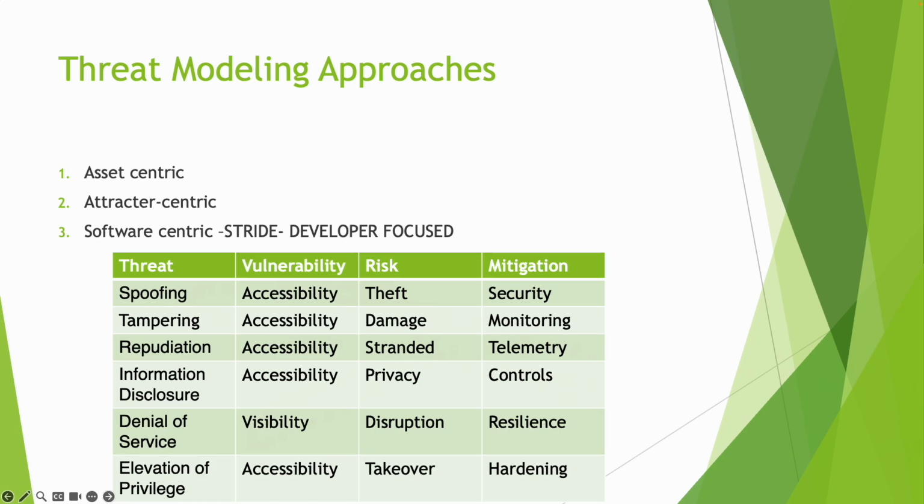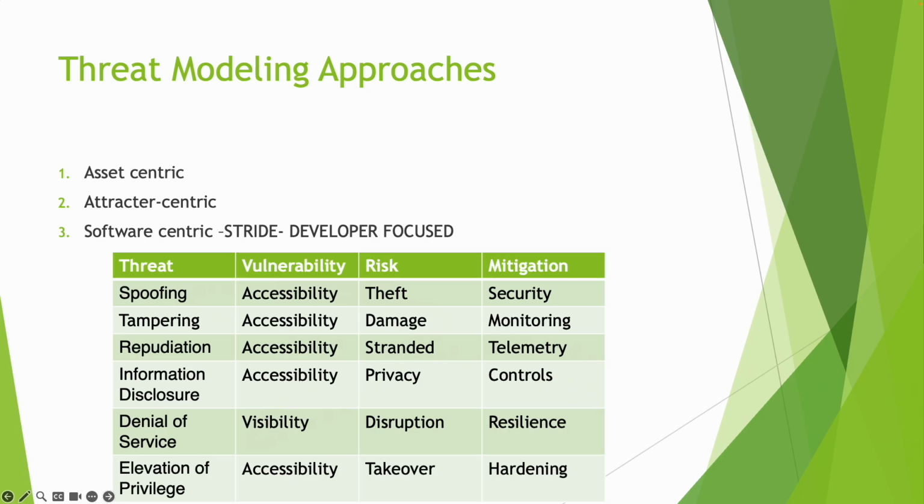Information disclosure is when someone shares information that they should not share, like if a bad person tells others that you put your car keys in a particular place. Next is denial of service.